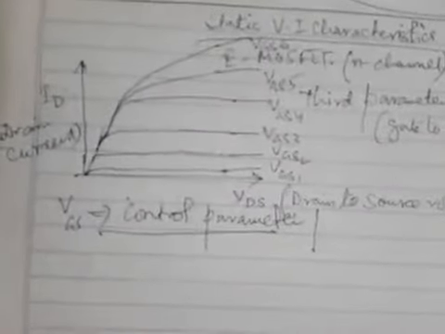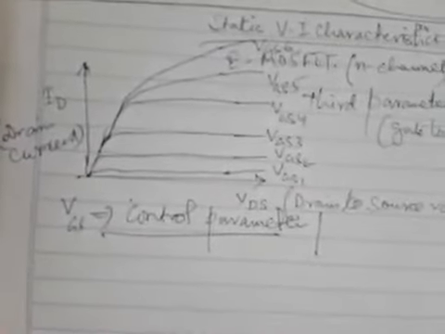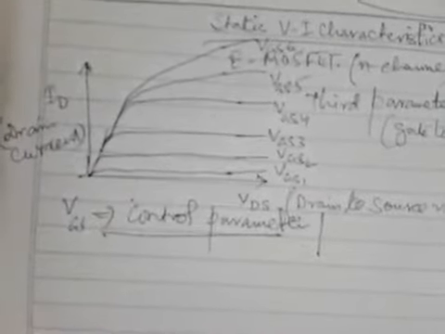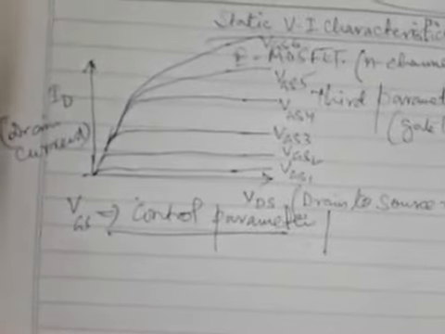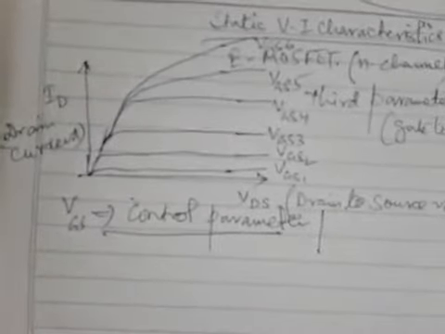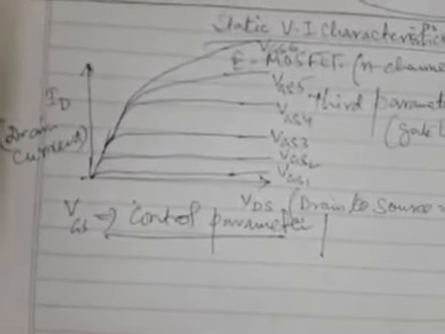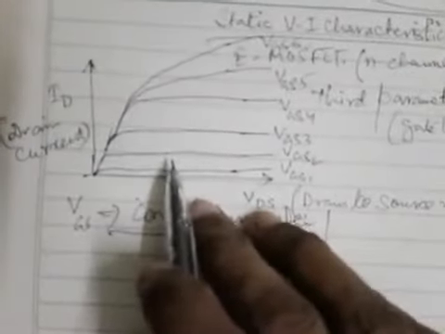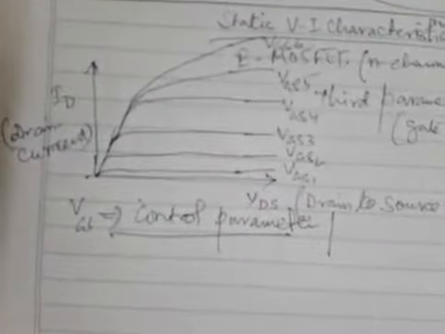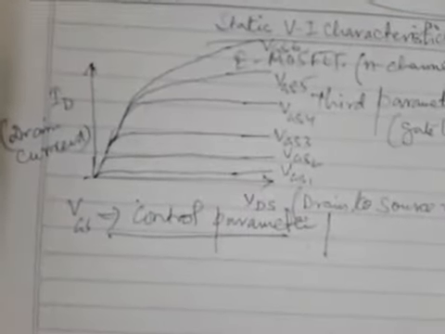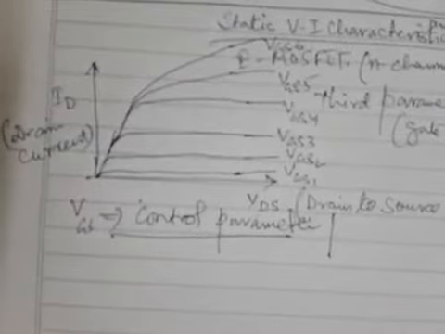So VGS is the controlling parameter for getting these output characteristics from the MOSFET, and it is the electric field produced from outside between gate and source that gives us these drain characteristics, or rather the VI characteristics of the MOSFET.